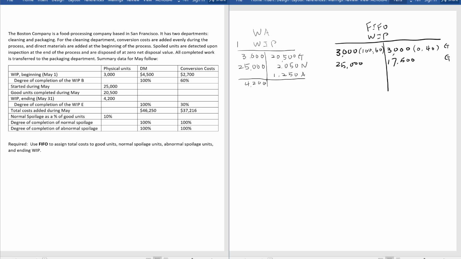17,500 units, on the other hand, are 100% use of direct materials and 100% use of conversion costs in May.